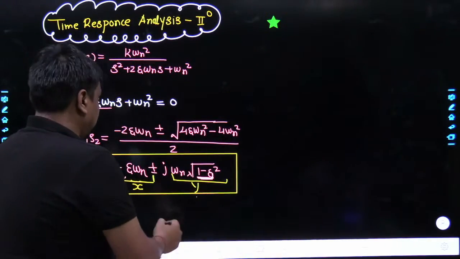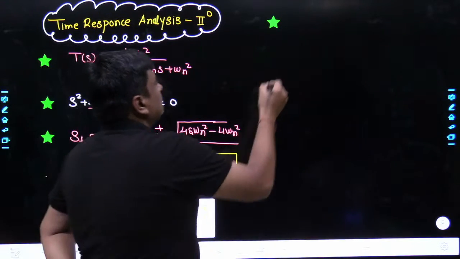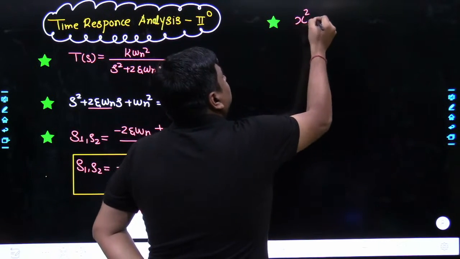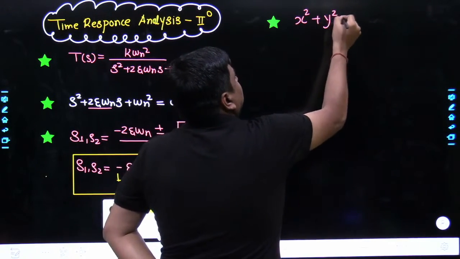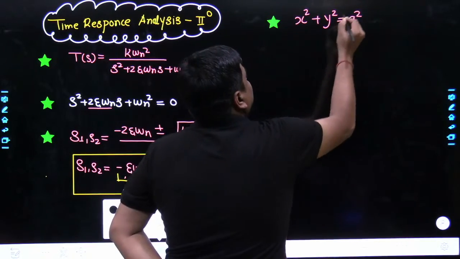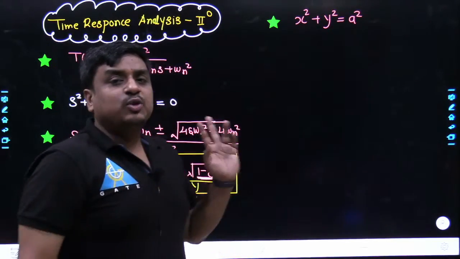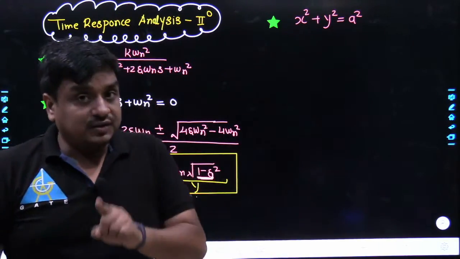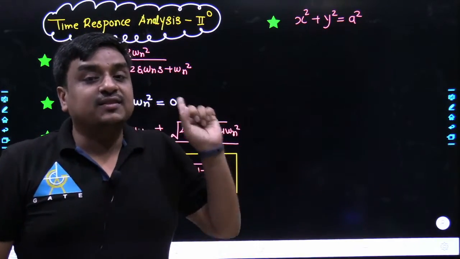The equation of the circle used to be x square plus y square is equal to a square. What does it mean? That means it's the equation of a circle whose center is at origin, and at the same time the radius is nothing but a.